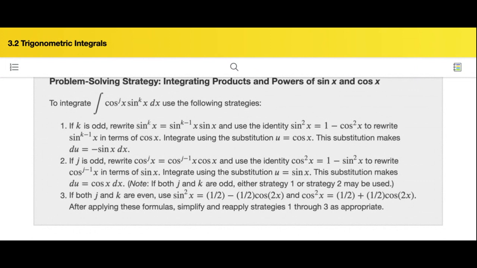So we will write sine raised by k to be sine raised by k minus 1 and sine x. Because then k will become even. If k is odd, k minus 1 will be even. Then we can use identity to rewrite the even sine.